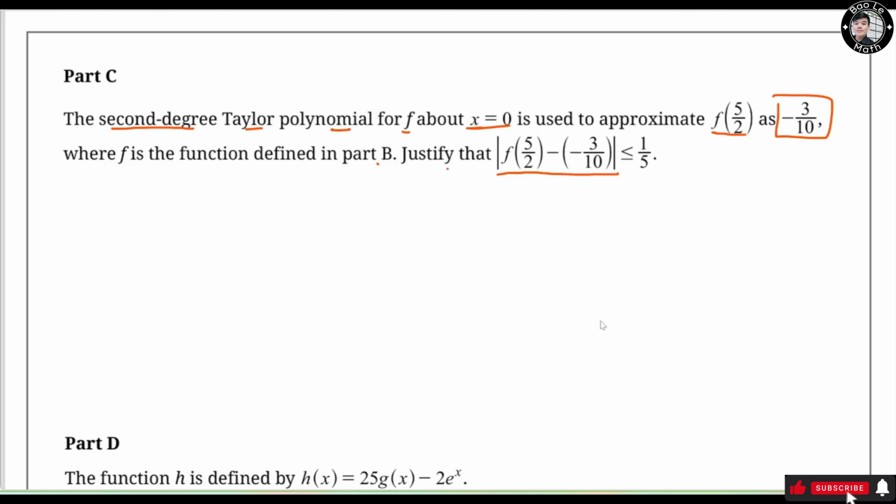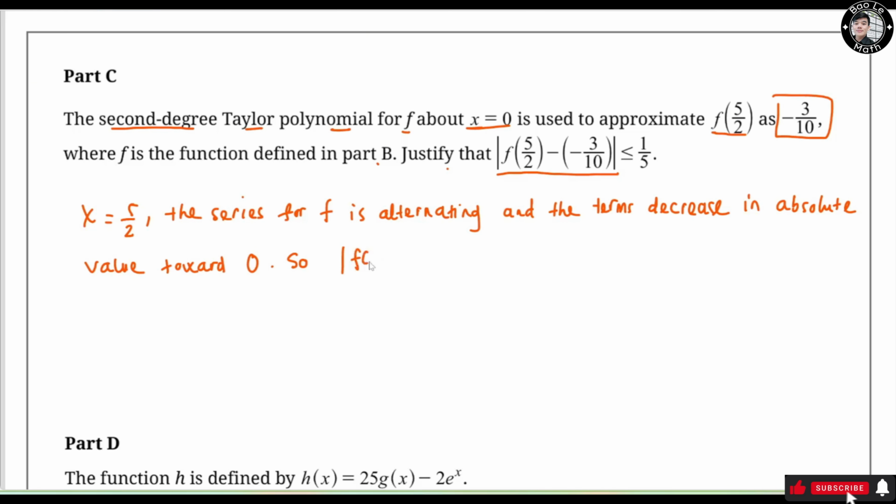Alright, so to justify the error bound for f of 5 over 2, we're going to use the alternating series remainder theorem, right? For s equals 5 over 2, the series for the function f is alternating, and the terms decrease in absolute value toward 0.